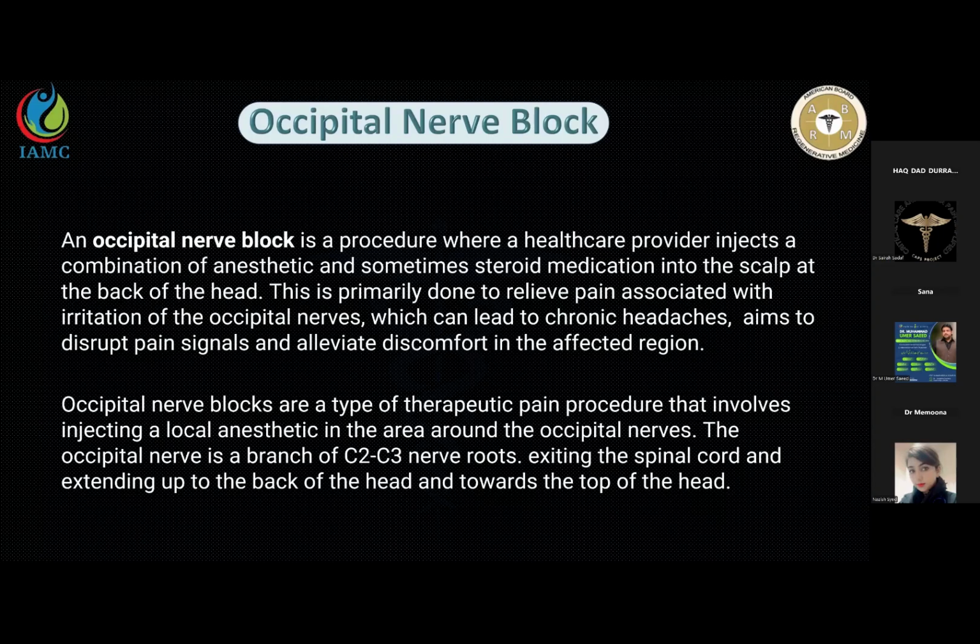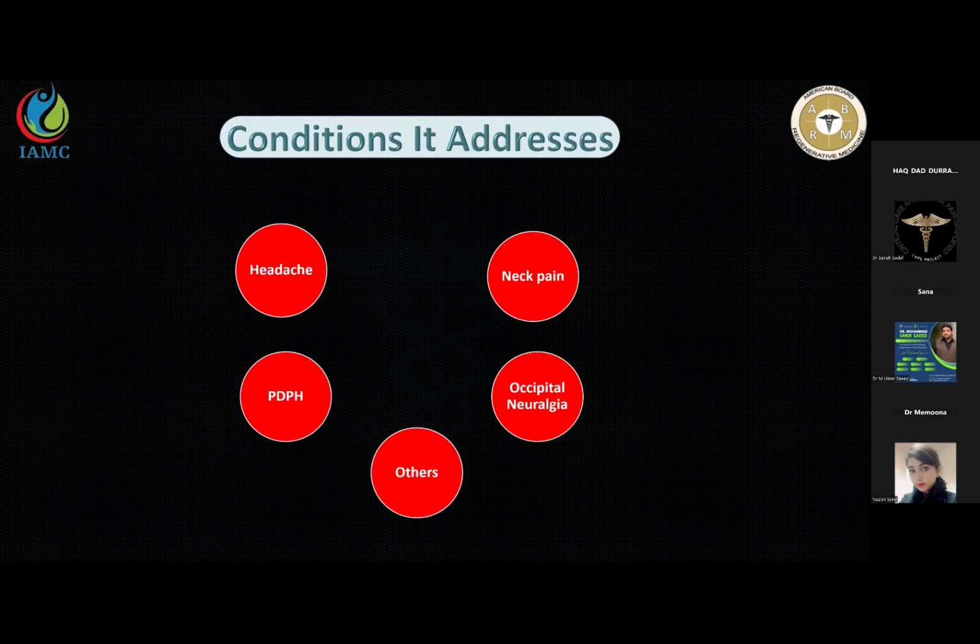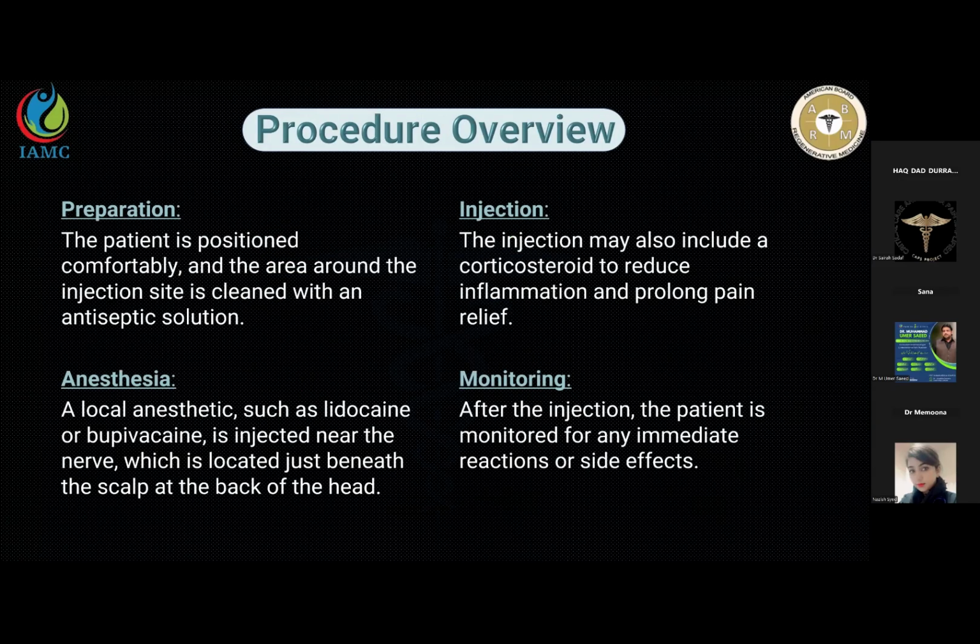So, what is the procedural overview? As with other blocks, there is a preparation for that. You should have consent from the patient. You should explain to the patient how we are going to perform this block. There can be a few injections, like local anesthetic or with the steroid, and then there is monitoring during the procedure and after the procedure.